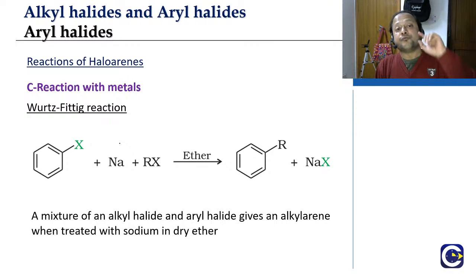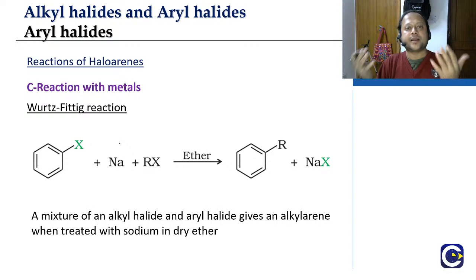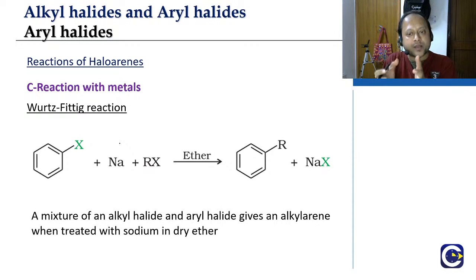Just like the Wurtz reaction, we can have the Wurtz-Fittig reaction. Actually, the Fittig reaction is when two aromatic molecules come in and interact with each other with sodium present in dry ether, right?